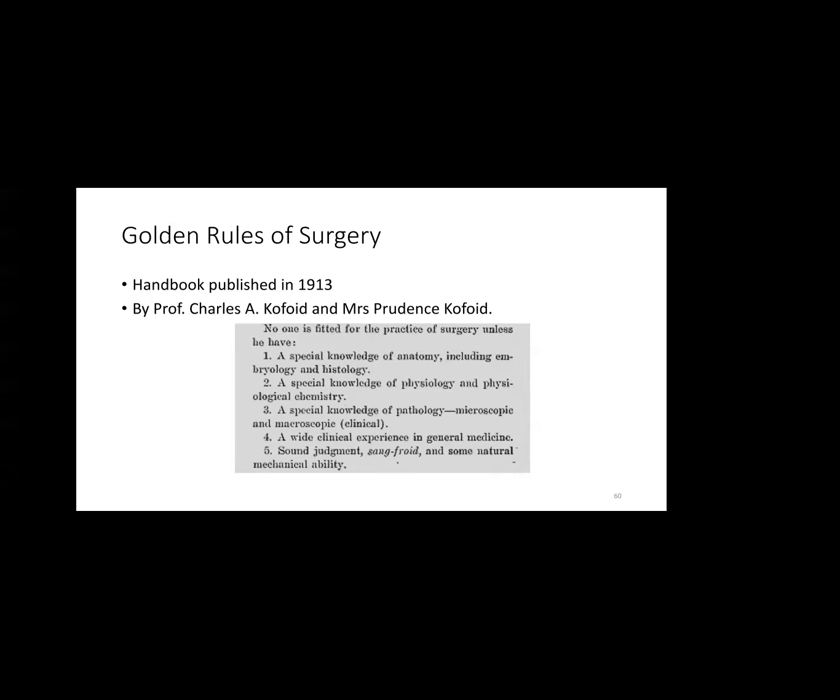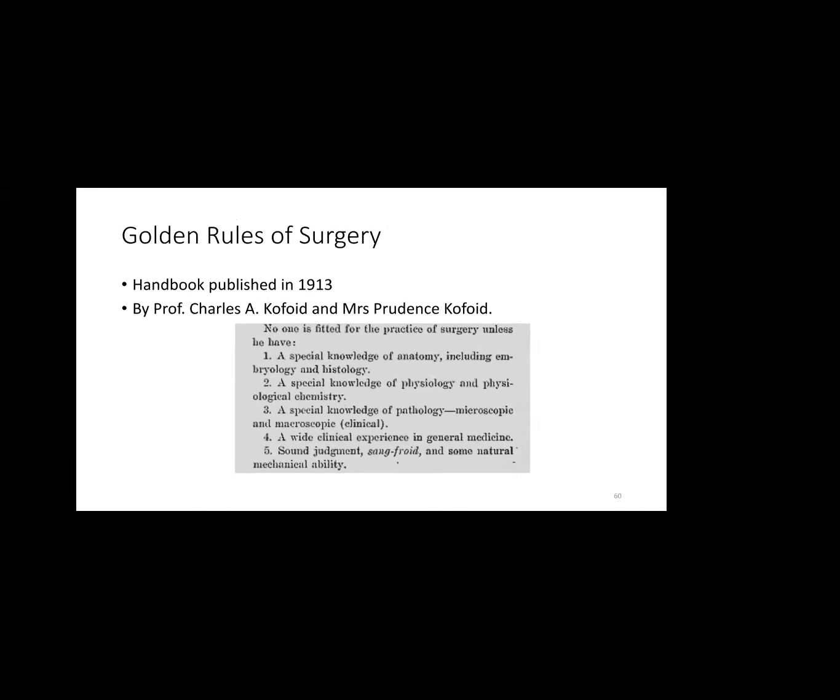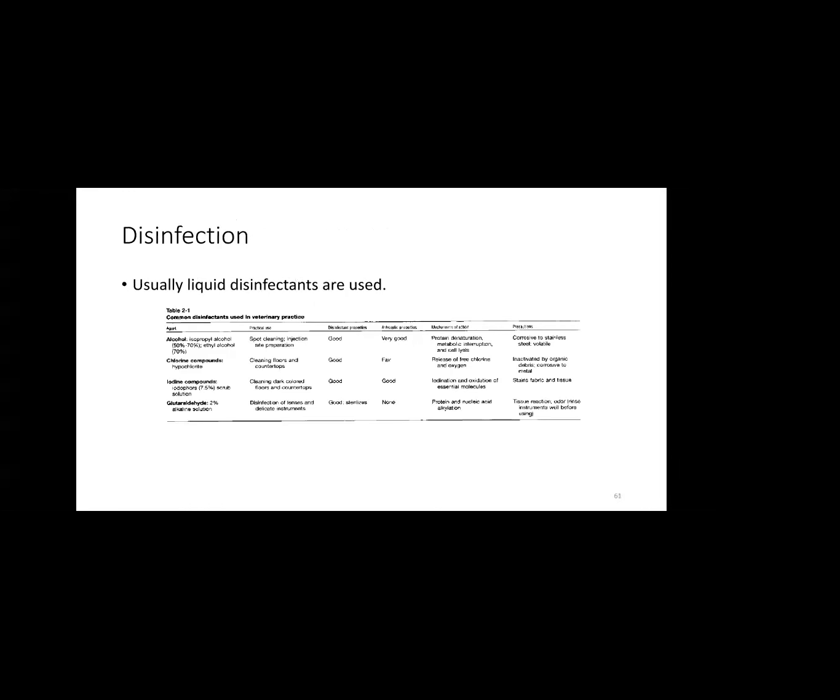And you must have a special knowledge of pathology. Pathology is simply how certain parts are affected and how they will look and so forth. And you must have wide clinical experience in general medicine, sound judgment, and some natural mechanical ability.